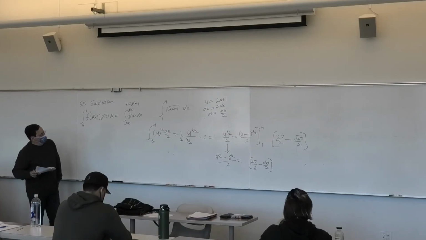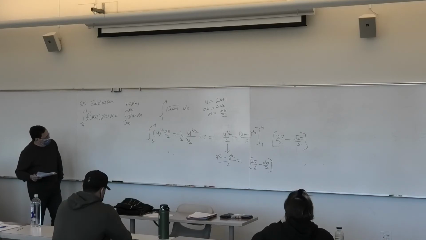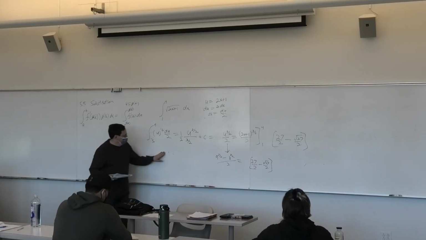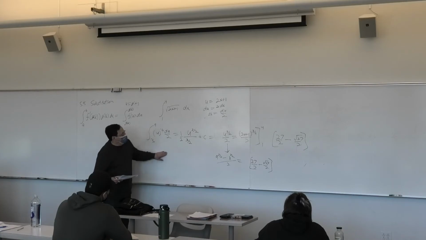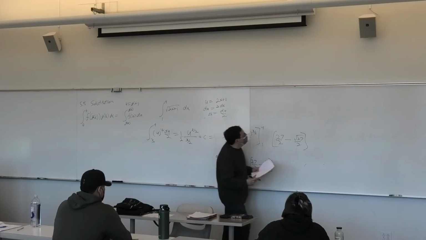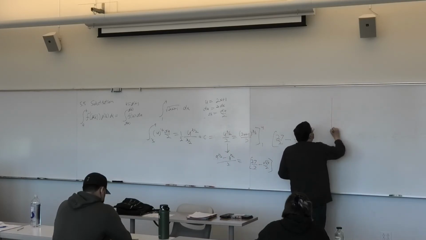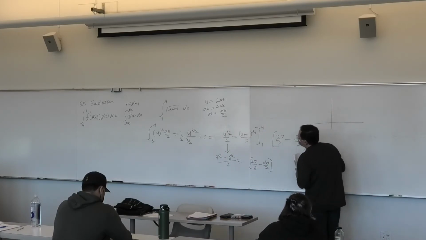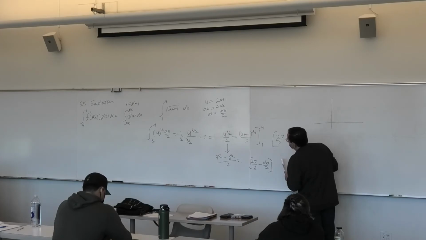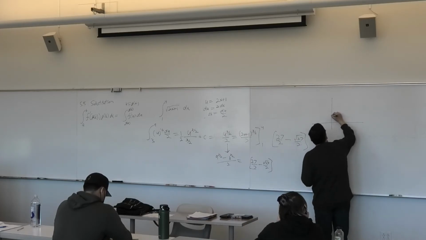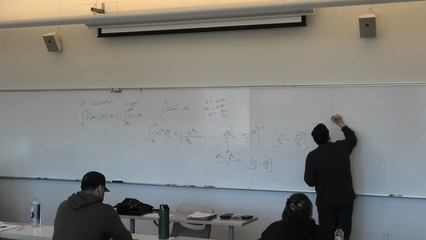We have a bunch more to do here, but I can't help kind of digressing. What are we doing here? We have some function, square root of 2x plus 1, so it's going to be something like this.